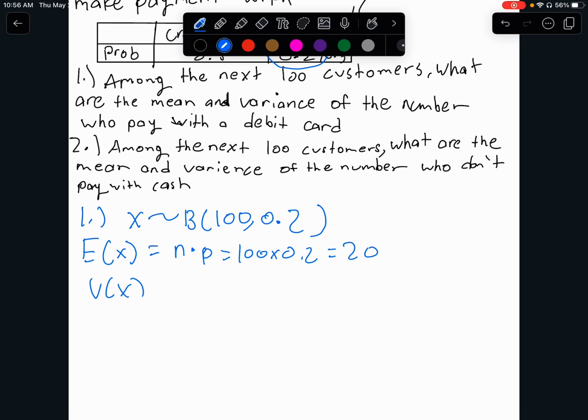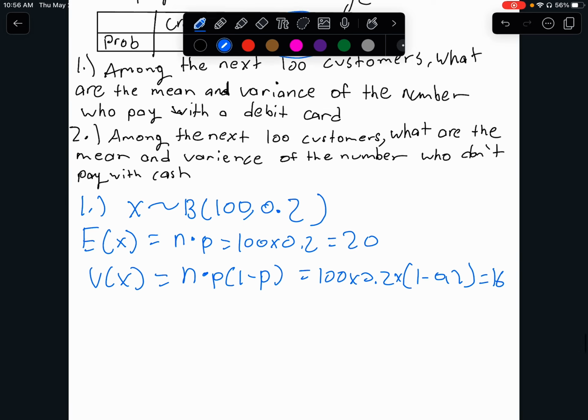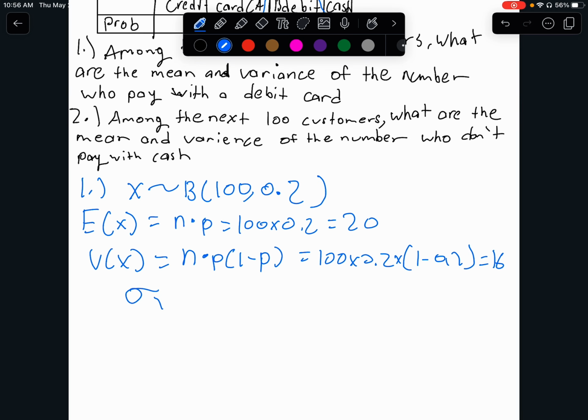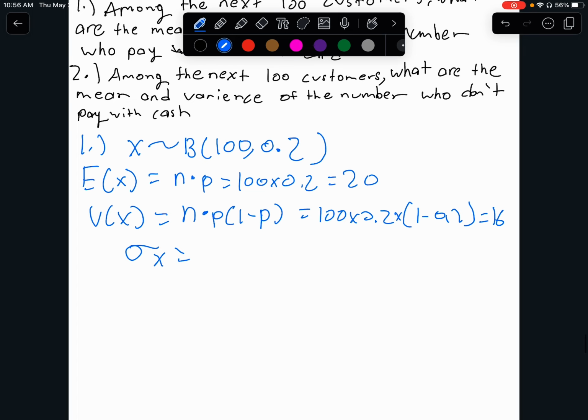Variance, same thing, but now n times p times (1 minus p) equals 100 times 0.2 times (1 minus 0.2), and we get 16. Standard deviation equals the square root of the variance, so the square root of 16 equals 4.